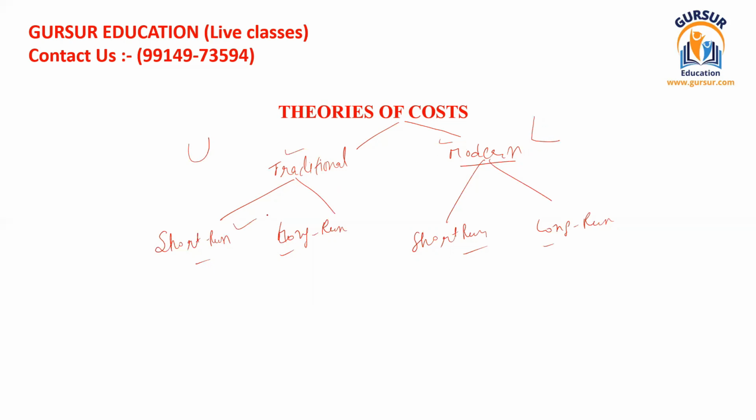Otherwise, we have to understand all the short run and long run concepts defined under the different theories of cost, and these theories are traditional and modern theories. This can further be bifurcated into two parts, which I have already written here clearly. Now I am going to tell you regarding short run cost curves under the traditional method, and one by one we shall be studying all these things.